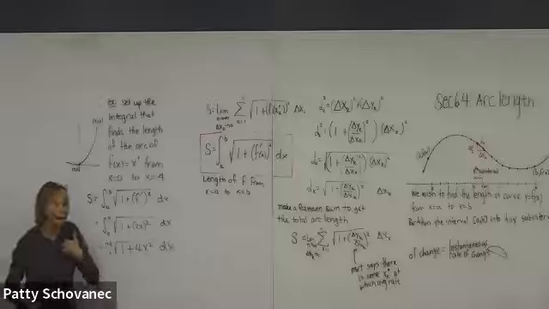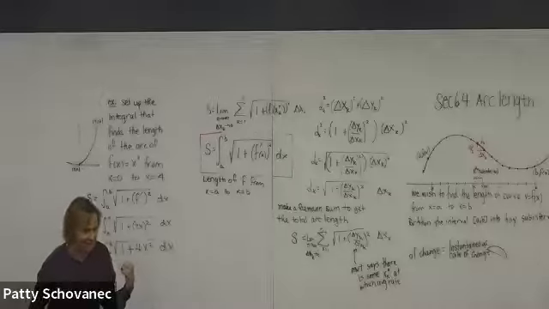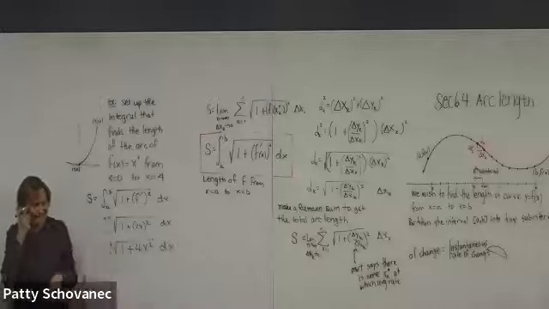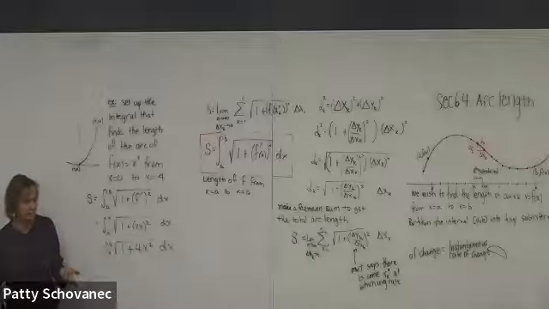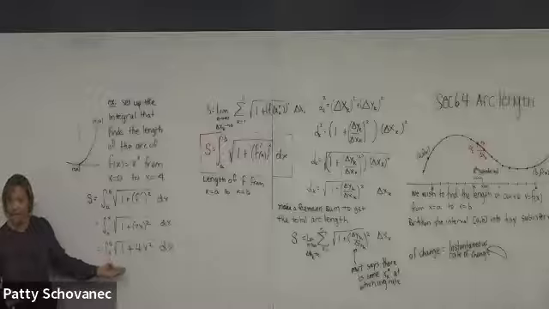Well, I lied. I can do this integral. Oh, yeah. In chapter 7, you'll be able to do this integral. We have different substitutions that we can make. But right now, with calculus 1 techniques, you don't know how to do this integral. Okay.